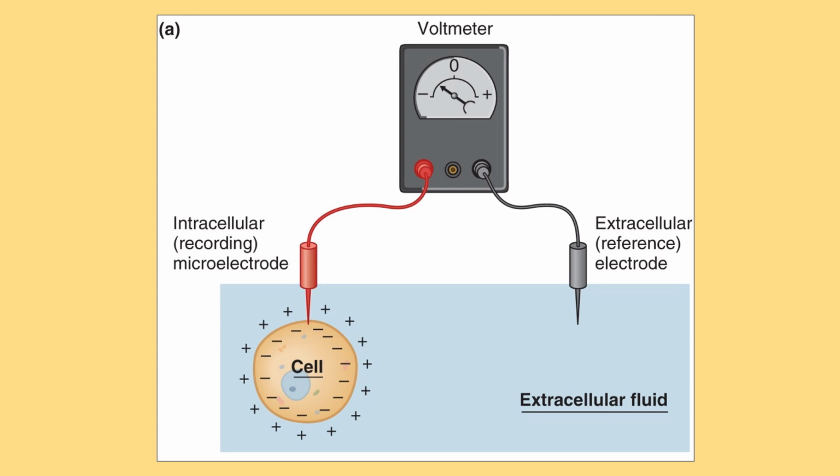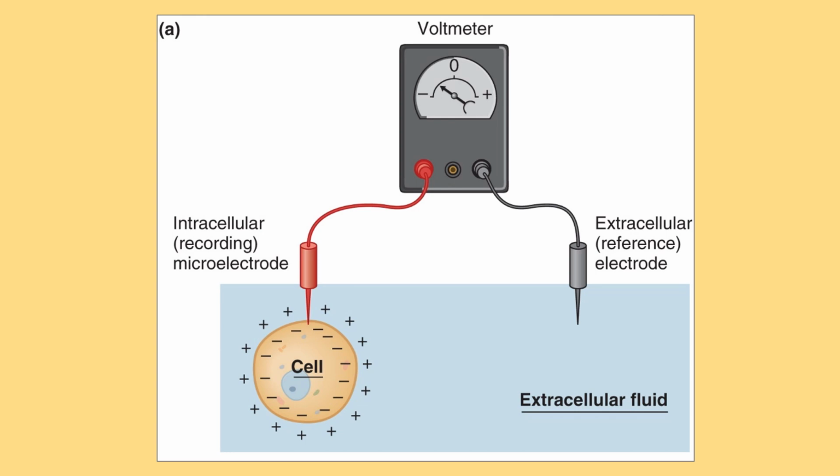Because we're interested in electricity here, right? And cells also generate electricity, although in a different way than the electricity that you may have learned about in a previous physics course. So we can use a voltmeter to measure the charge difference across a membrane by inserting one electrode just on the inside of the plasma membrane.